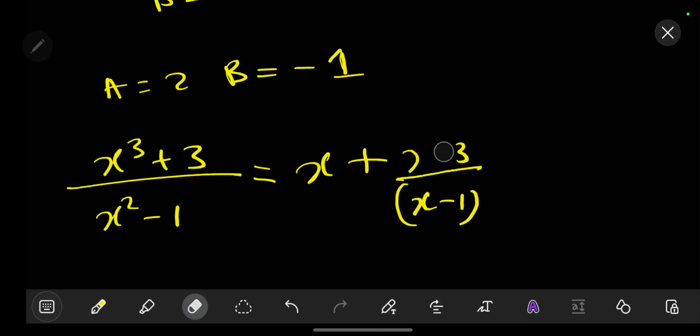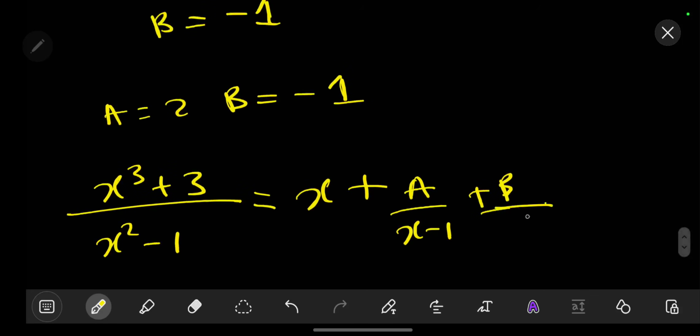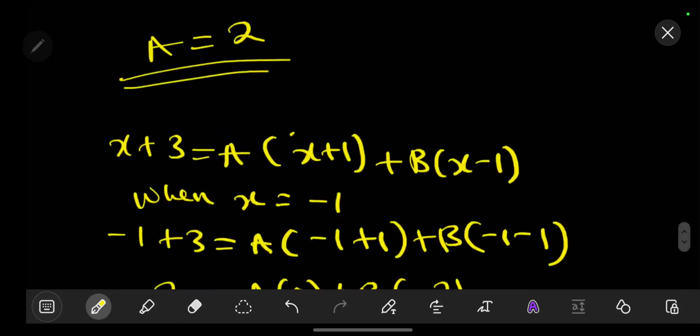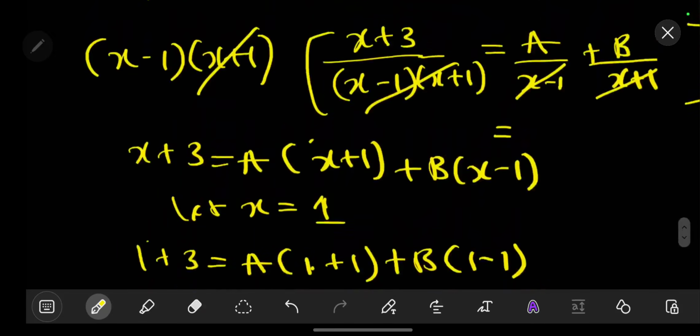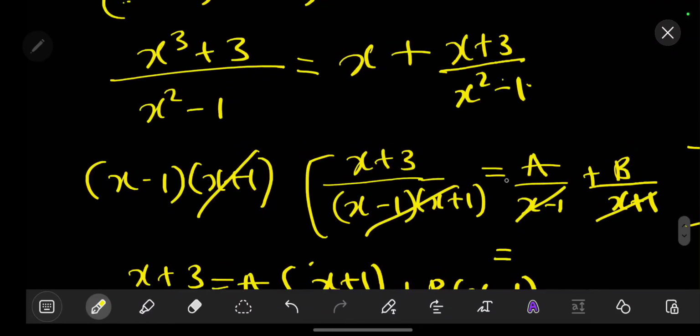Okay, so for this one we said this is the same as a over x minus 1, then plus b over x plus 1, which is this one. So this one, we have this a over this, b over that.